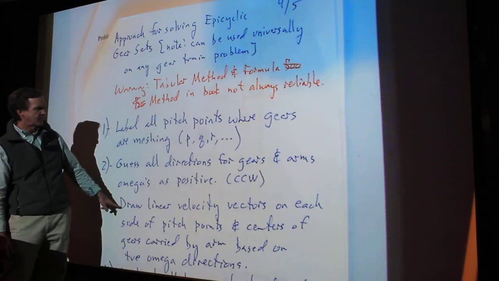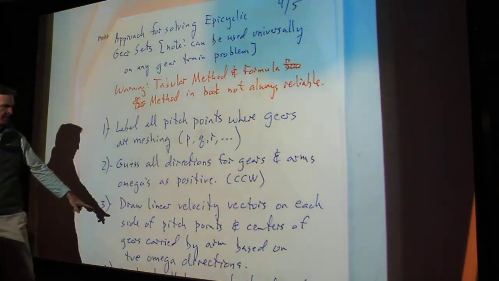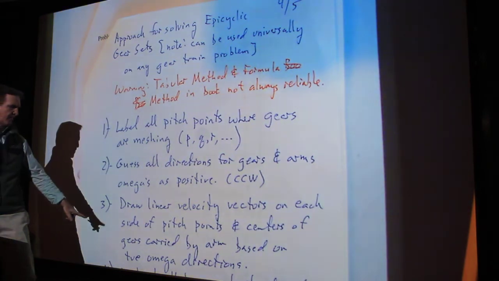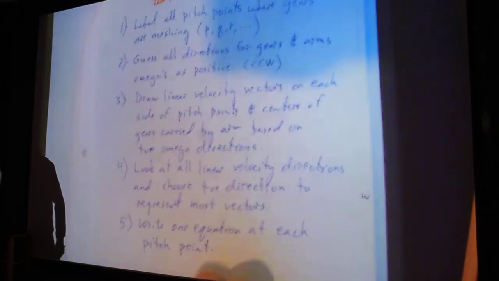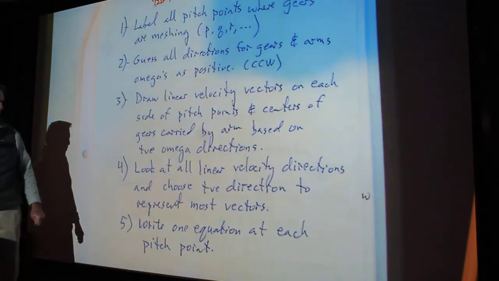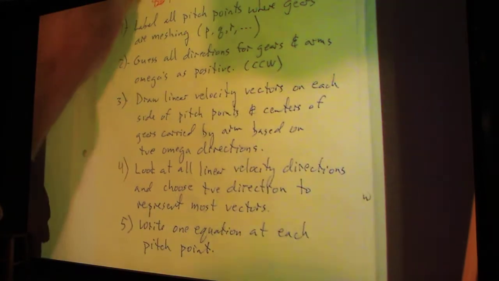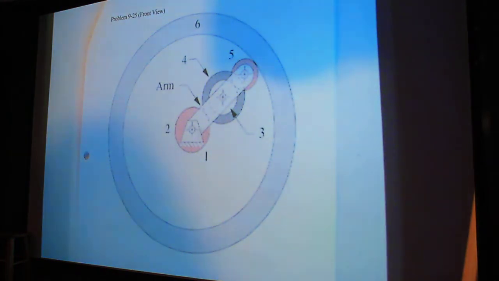Draw the linear velocity vectors on each side of the pitch points and centers of gears carried by the arm based on the omega directions. And then lastly, write one equation at each pitch point. All right, so I'll show you how this is done for the two homework problems.